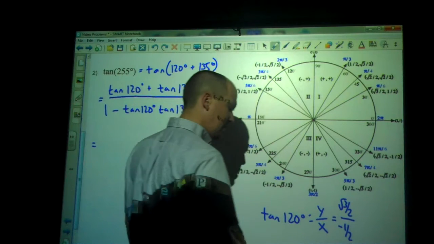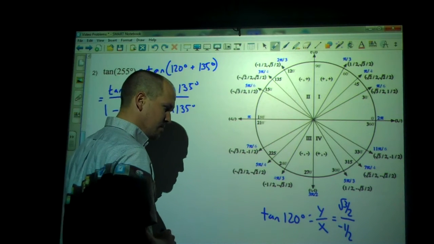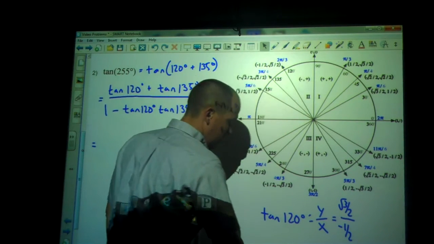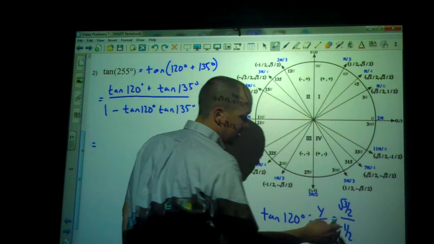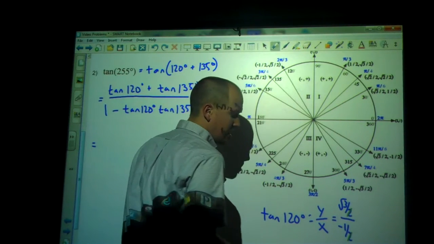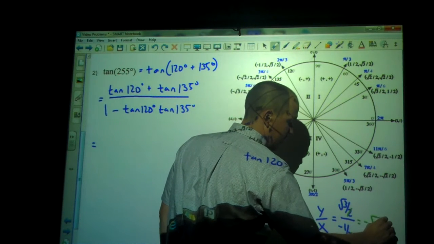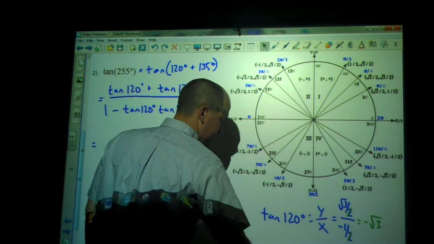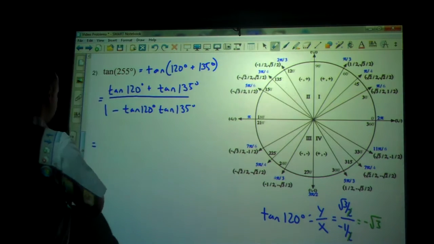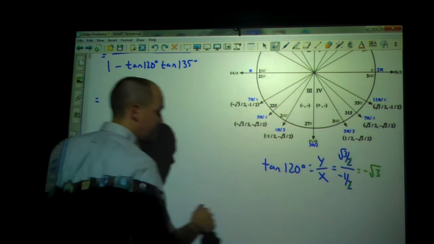Really, the easiest way to think about this is that the 2's are just going to cancel out, and it's root 3 over negative 1, which is negative root 3. Alright, let's do the same thing for tangent at 135.